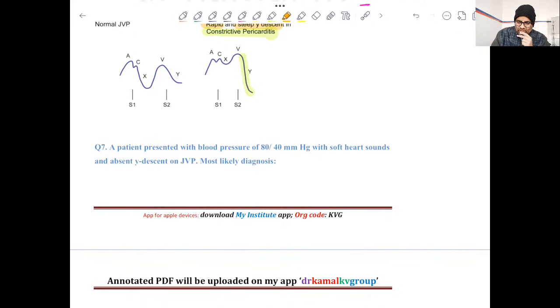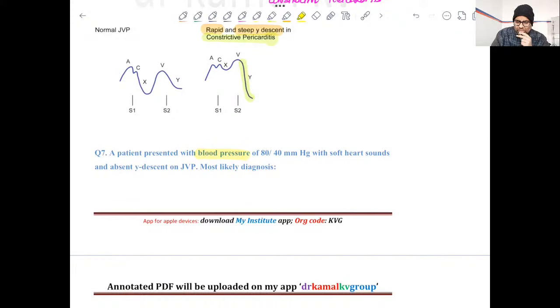Now moving forward to the next question, there is blood pressure of 80/40. Now I think most of you must agree that this is hypotension, right? So this is low blood pressure, hypotension. Then there are soft heart sounds.